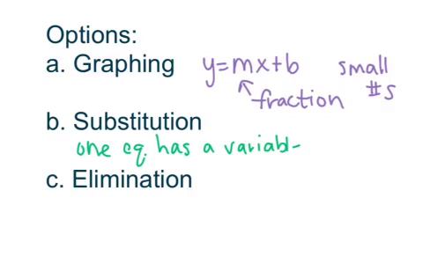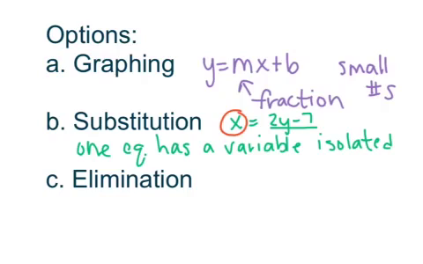That's the mathy way of saying one of my equations says either x equals all the other stuff, like 2y minus 7. See how the x is by itself, x equals. That's what we're looking for. So if one of the equations has a variable isolated, either x or y, I'm probably going to want to do substitution, because what you do is you take what it equals and you substitute that into the other equation for x. So that's pretty much the giveaway point for substitution.